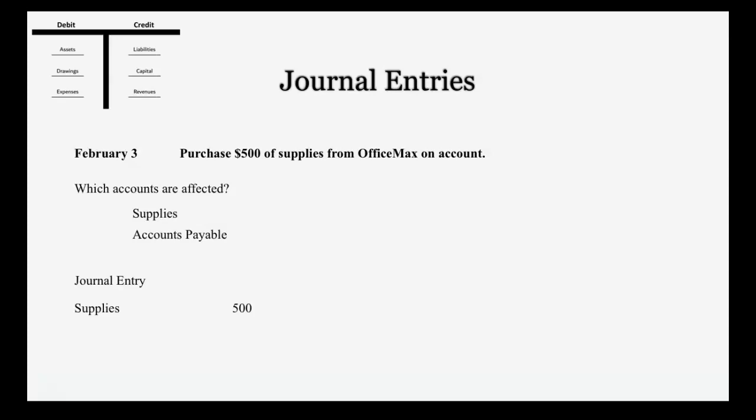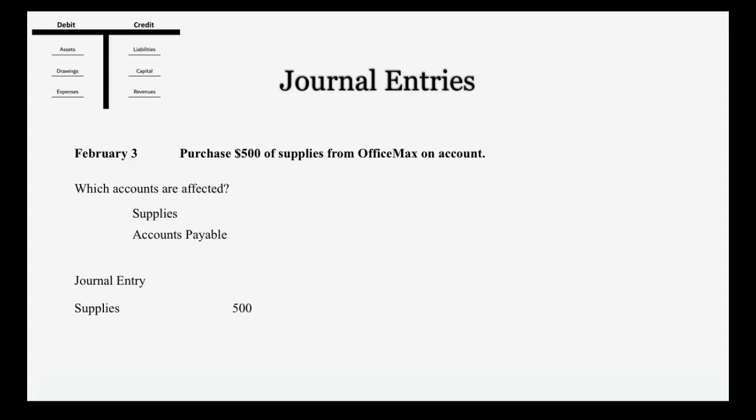Now, the other account here, accounts payable, is a liability, and we owe OfficeMax more money now, right? If you buy something on account, that means that you owe the seller more money.